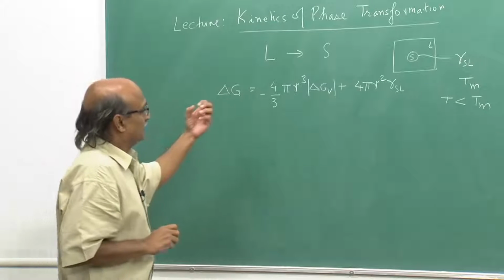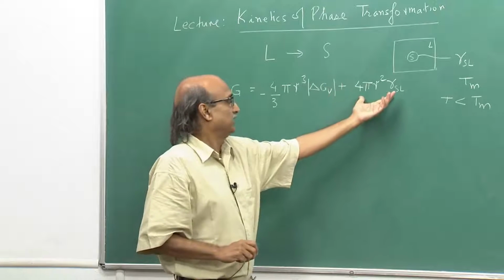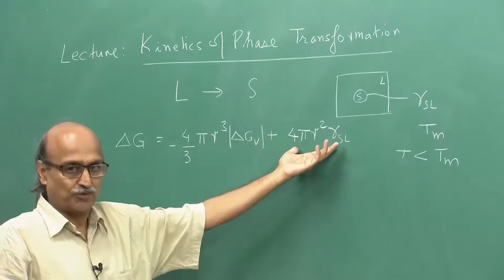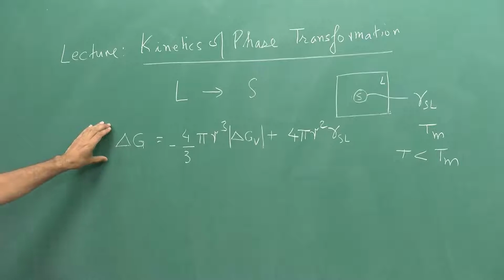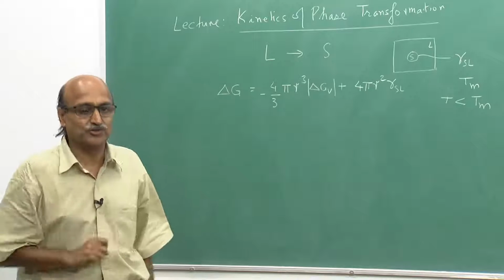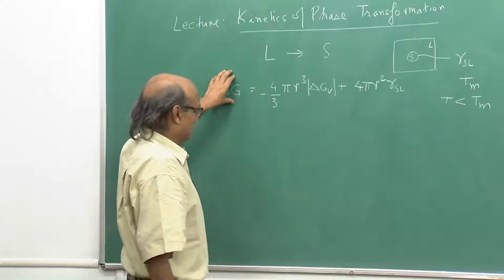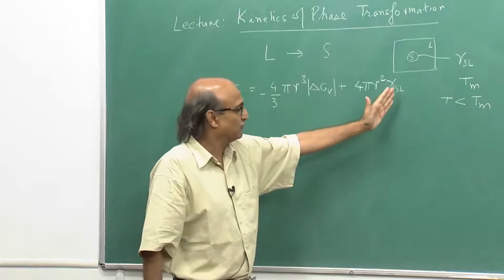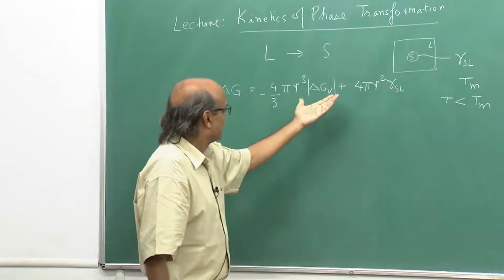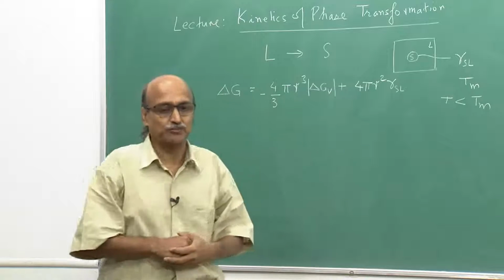Now, if a nucleus is very small, then the positive term would dominate over the negative term, and the overall change in free energy for creation of a nucleus of a small radius would actually be positive. However, if the nucleus becomes much larger, then the negative term can dominate over the positive term.